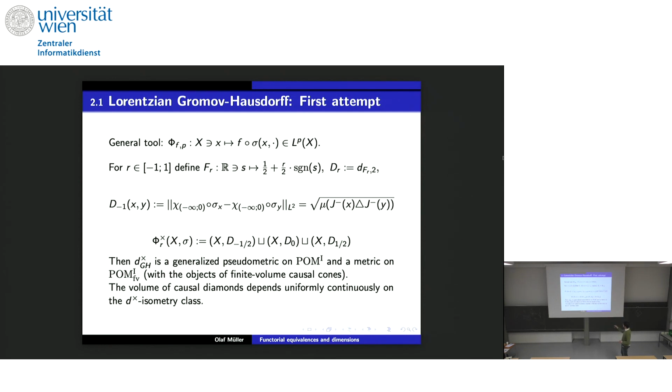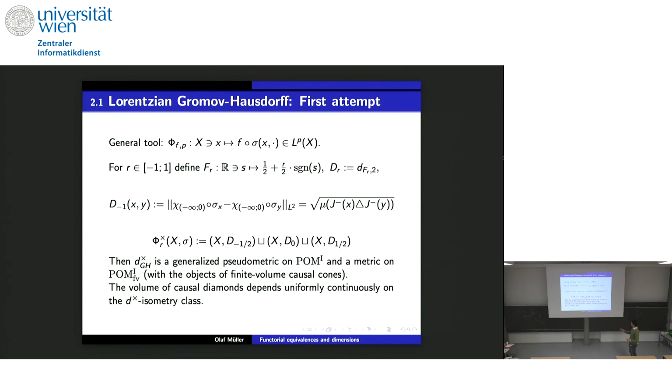course. And there, as I said, this is a general tool I presented to you before, this Kuratowski embedding. Here, the first thing you could do is focus on the causal part, just ignoring the information about actual Lorentzian distance and taking characteristic functions on the past subset and on the future subset.